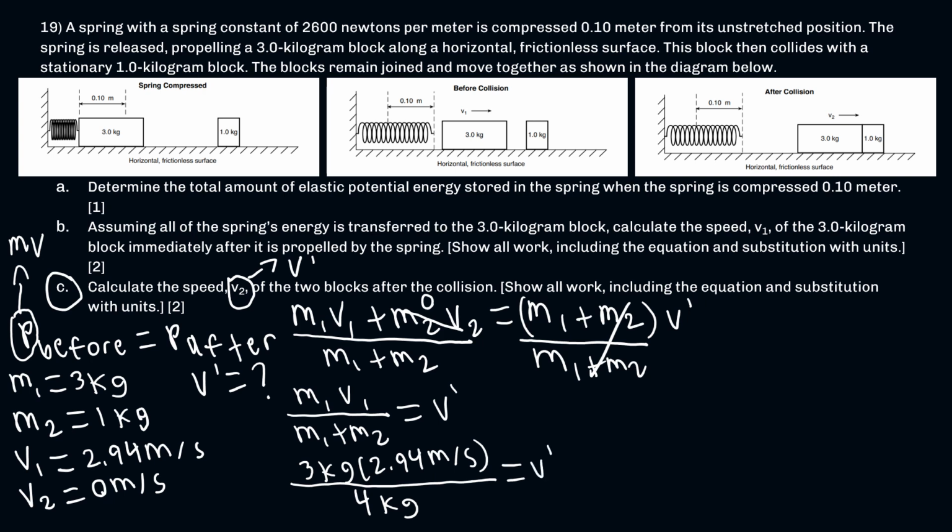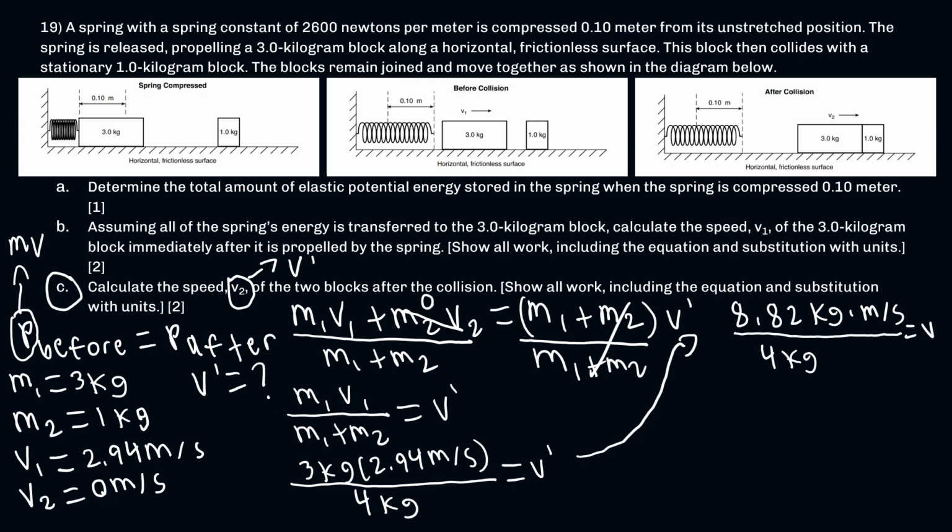That is equal to my velocity when the objects move together. So moving this up here, I'm going to have 3 times 2.94. If I plug this into my calculator, I'm going to end up with 8.82 kilograms times meters per second, all over 4 kg.